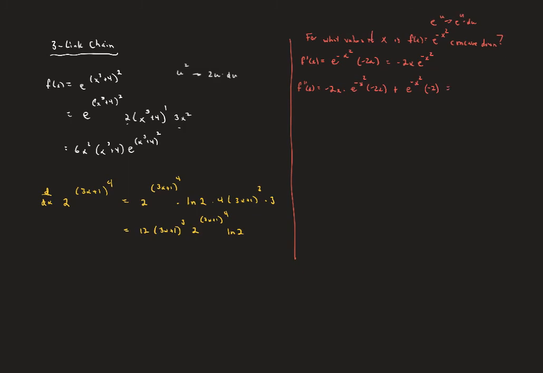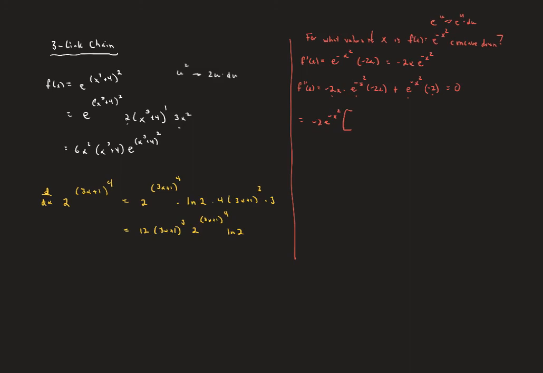Now we're trying to figure out where this is equal to 0 so that we can then figure out where it's going to be negative. So now it has become a big algebra problem. It looks like we have a common factor of negative 2 and also of e to the negative x squared. So let's take out negative 2 e to the negative x squared and see what that leaves behind.